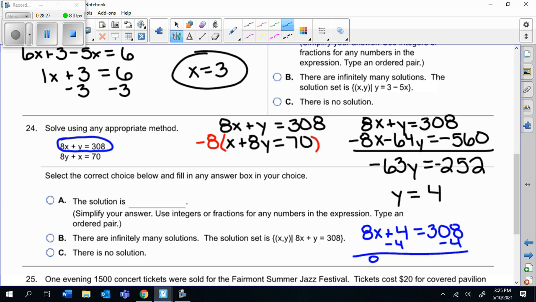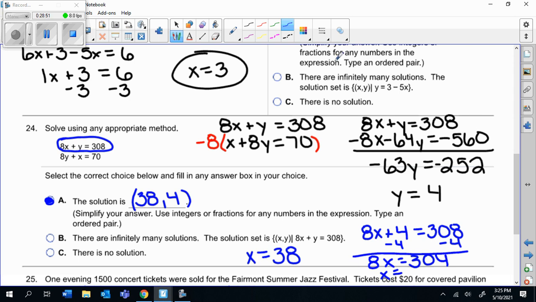So 8x equals 304. Divide by 8, divide by 8. 304 divided by 8 is 38. So the solution is (38, 4). Kind of big numbers there.